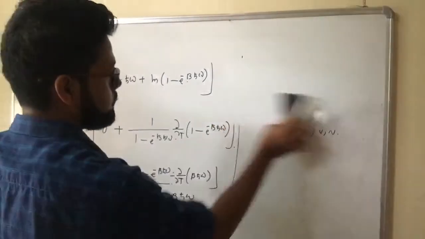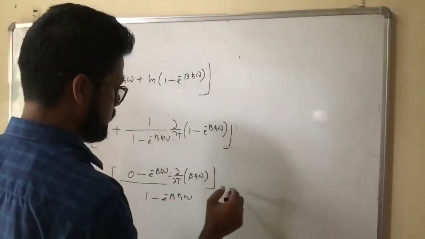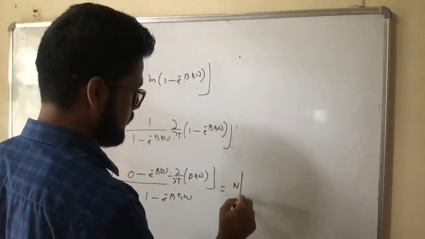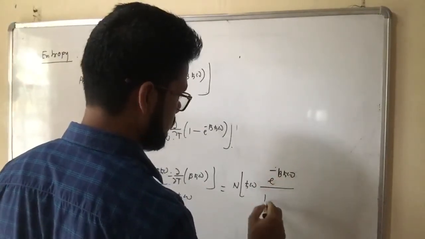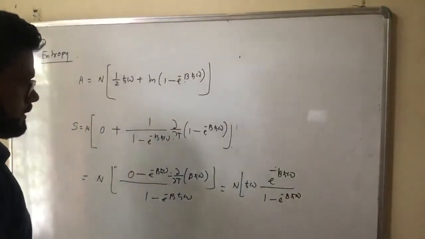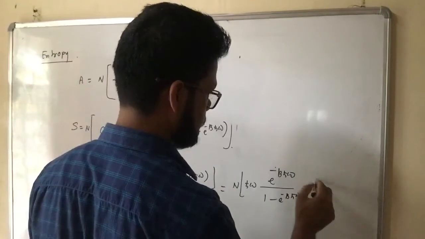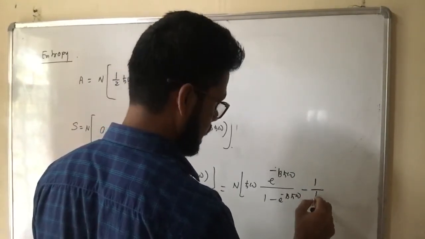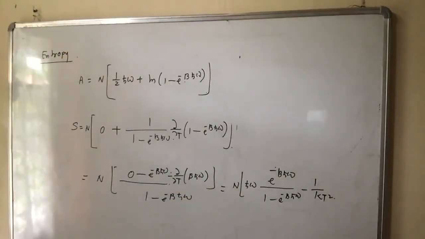What will you get? h cos omega comes out, giving h cos omega e to the power beta h cos omega over 1 minus e to the power beta h cos omega, and then minus 1 by beta, meaning kT squared. Clear?